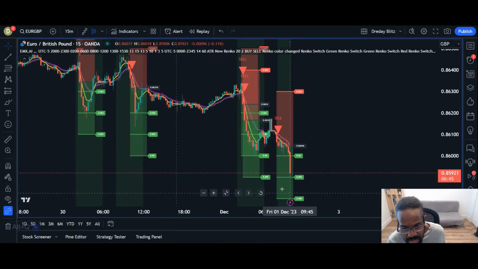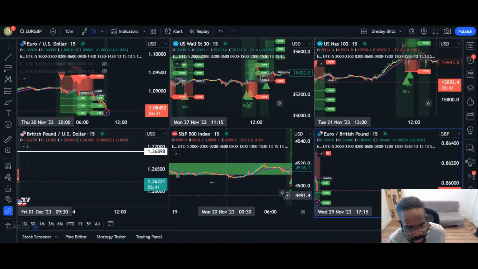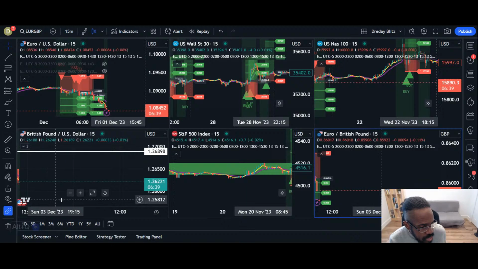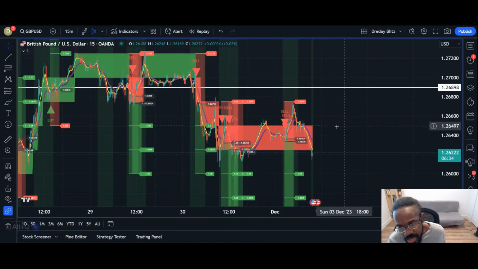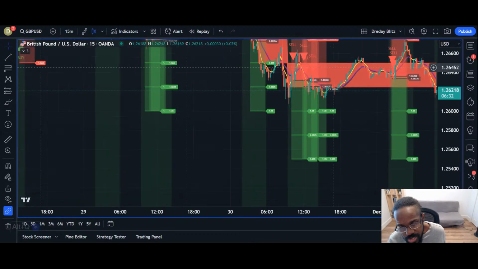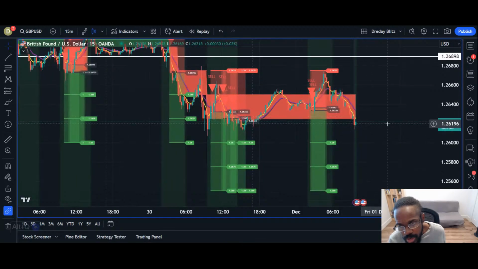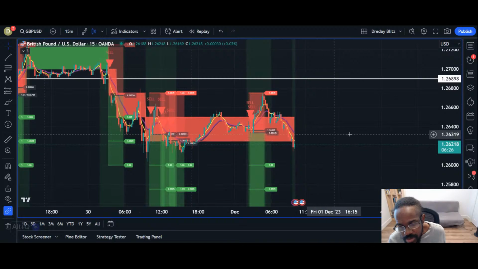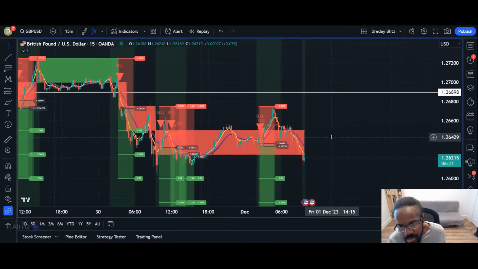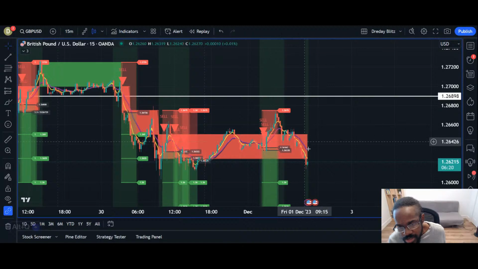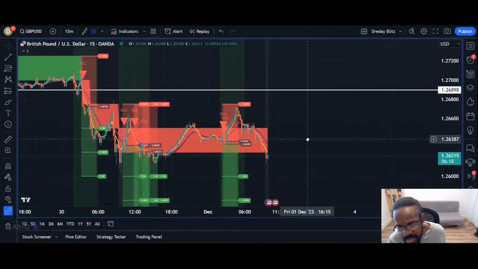But if you're, let's say, looking at the GU, that's why I love to trade Euro USD, GBP USD, and Euro GBP, because when one is doing one thing, the other is doing the opposite, or they're trading basically the same. So since right now GU is selling off, that means that the dollar is strong.